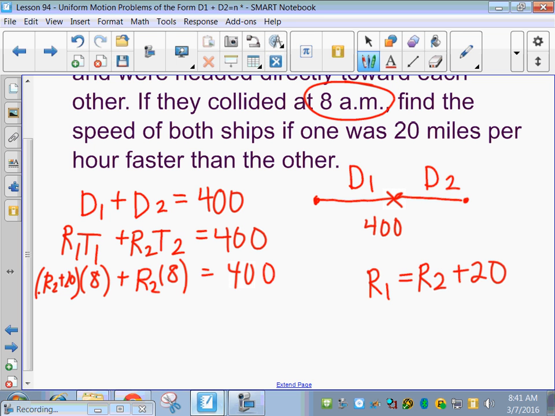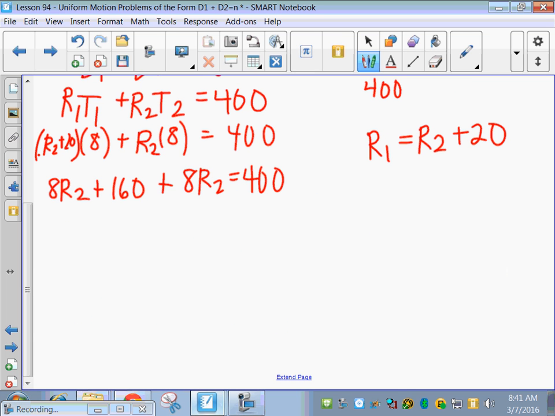And now we can distribute. So 8 times R2 is 8R2. And 8 times 20, so plus 160. We can put the number in front here, so plus 8R2 equals 400. So I'm going to add my like terms. That's 16R2.